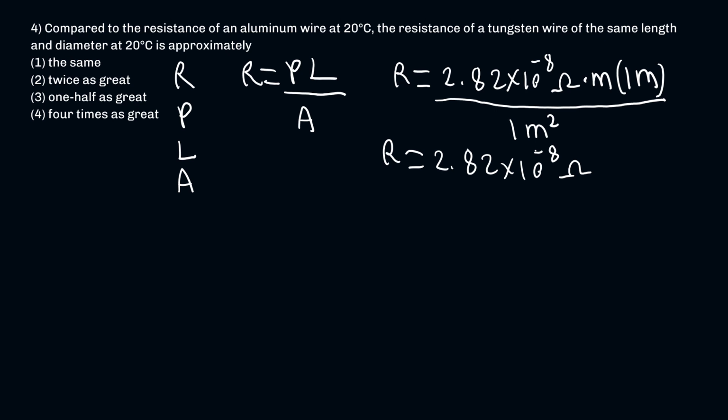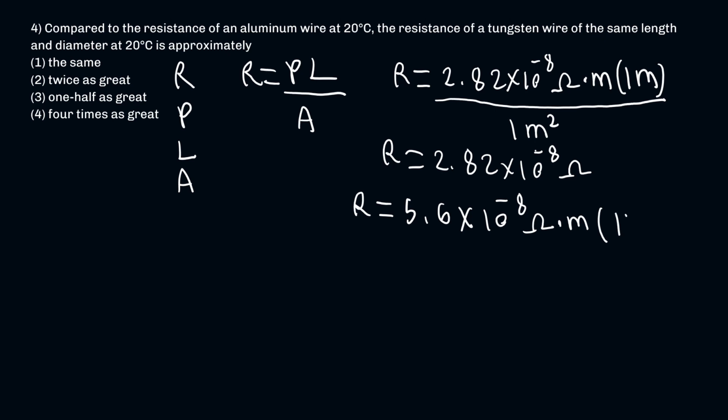For the tungsten wire now, we're going to do the same exact thing. Just plug in to the equation. So R equals what's going to be my resistivity. My resistivity for the tungsten wire is going to be 5.6 times 10 to the negative 8th ohms times meters. Again, since they tell us that the length of the wire and the diameter is the same, we can just plug in 1 for each of these, so my calculation is the easiest.